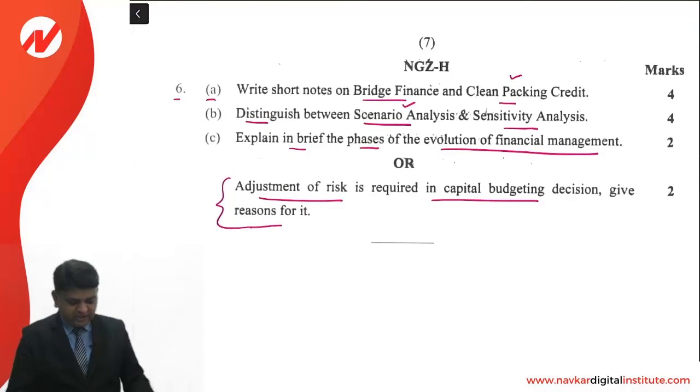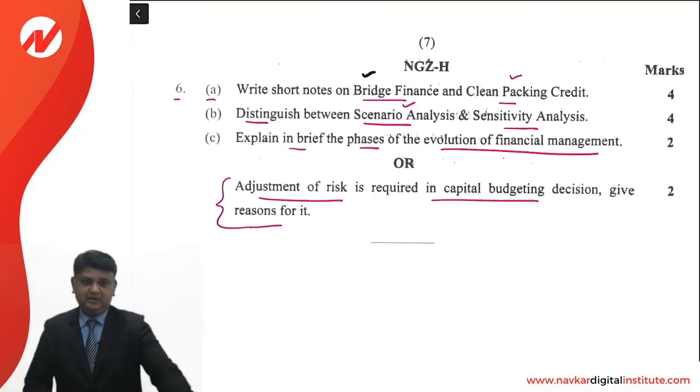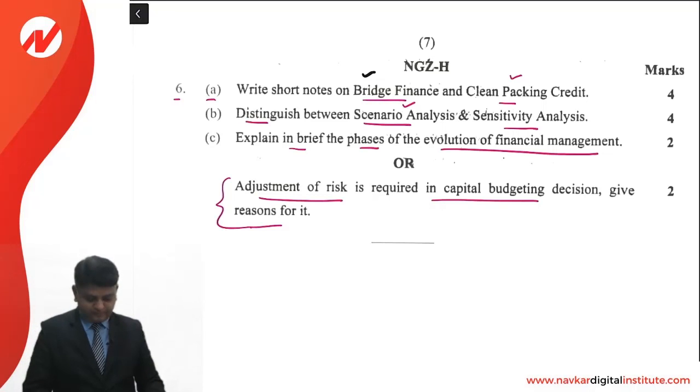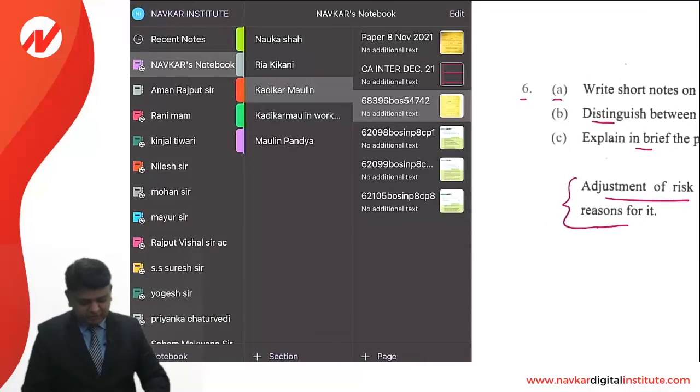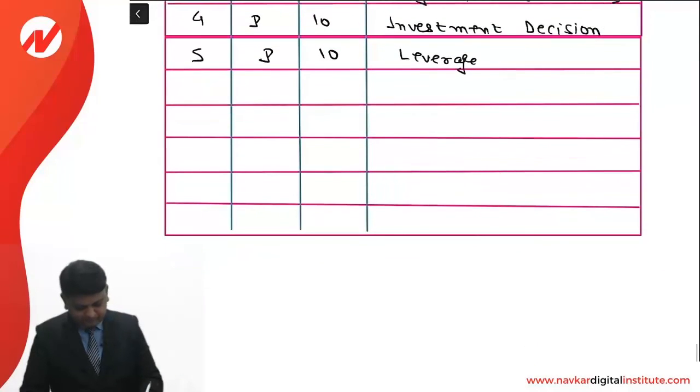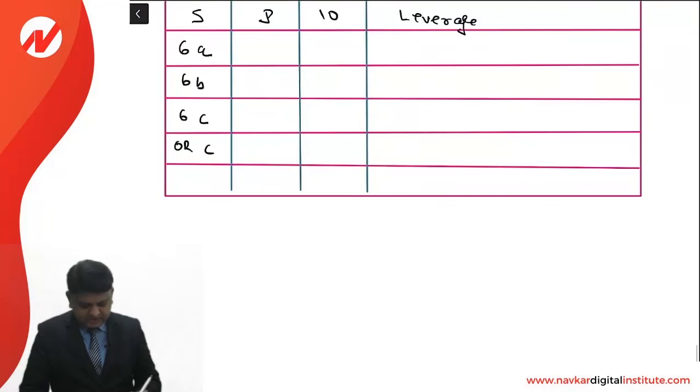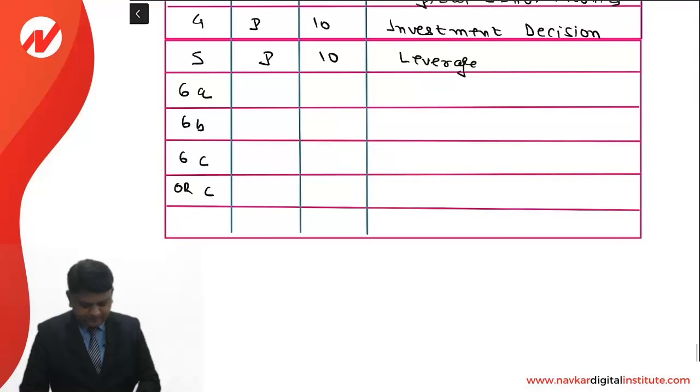Question 6 is theory, from the chapter of sources of finance. As far as question number 6A, 6B, 6C are concerned, once again they are theory questions. 4 marks are from the chapter of sources of finance.